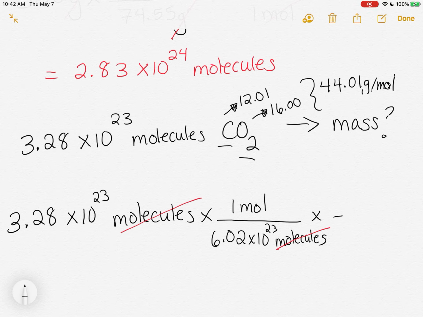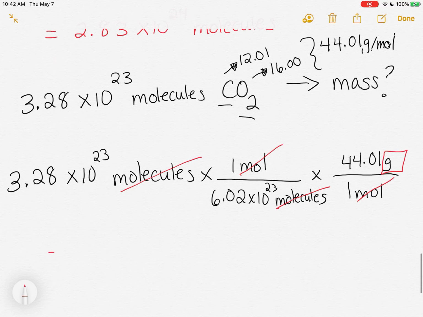But if we just stopped there, we'd only be left with moles. So we want to continue using a conversion factor that's going to get us to mass. So I know that my 1 mole of carbon dioxide is going to be 44.01 grams. So I'm going to be able to cancel out my moles, and I'll be left with the unit of grams once I do that math.